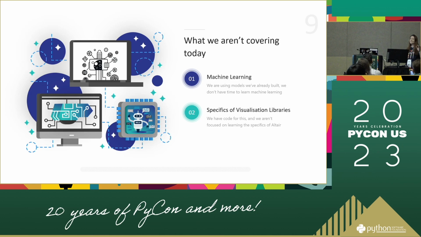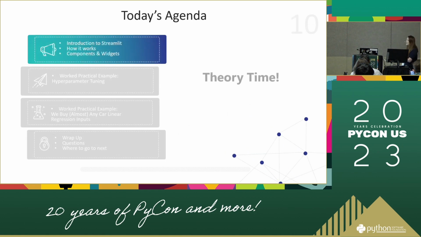As I'm sure you know, there's another tutorial happening right now just on visualization alone. It's such a huge topic, really vast, really fun. So we're going to look mostly at Streamlit rather than the visualization libraries. Nice. Okie dokie. So, tiny bit of theory. Introduction to Streamlit, how it works, and then we're going to jump into the playground.